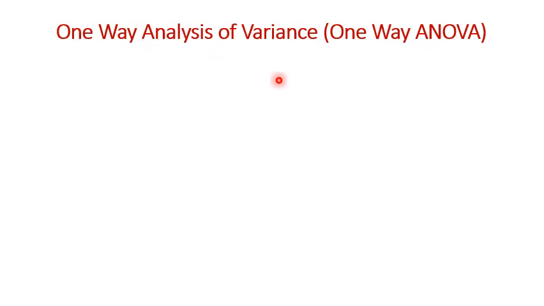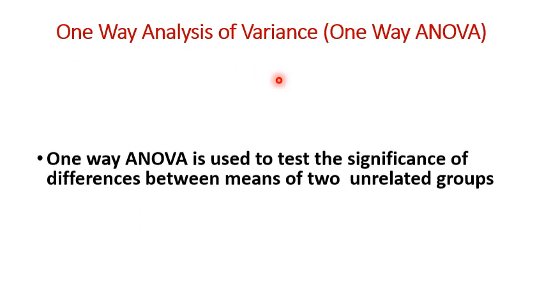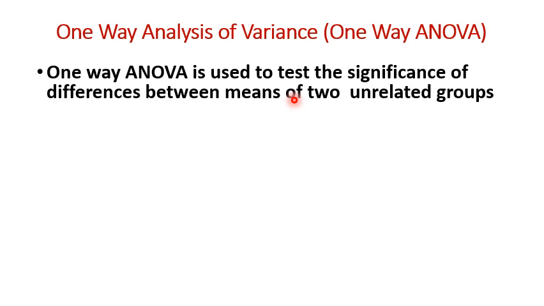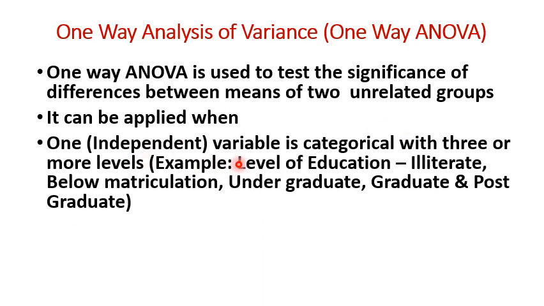Next, one-way analysis of variance or one-way ANOVA. One-way ANOVA is used to test the significance of differences between means of two unrelated groups. So, one-way ANOVA is used to measure whether there is any significant difference between the means of unrelated groups. It can be applied when the first or independent variable is categorical with 3 or more levels.